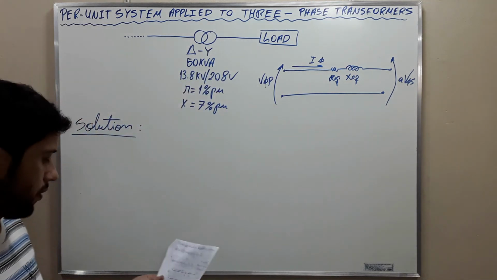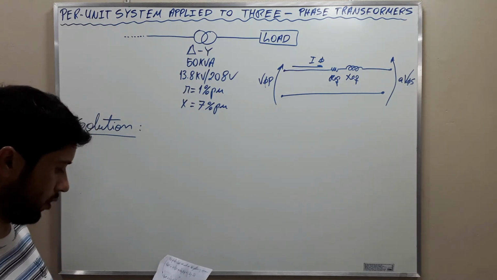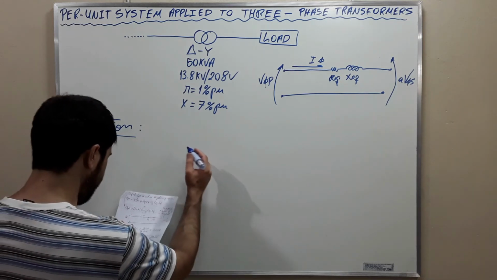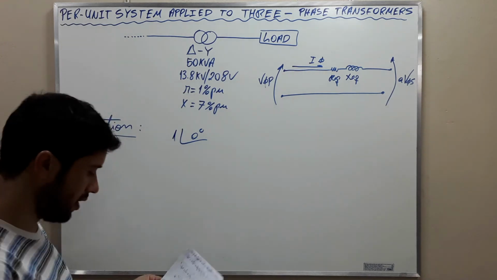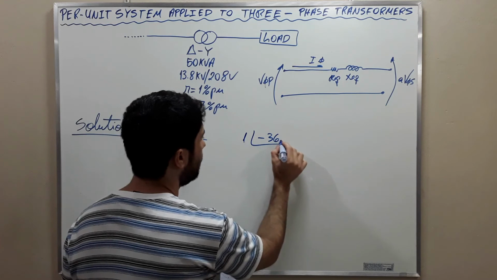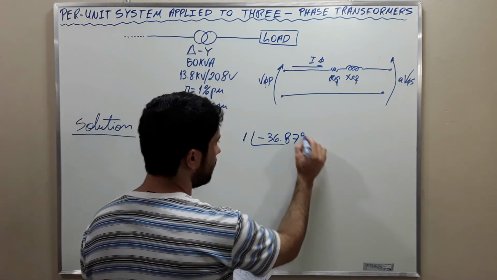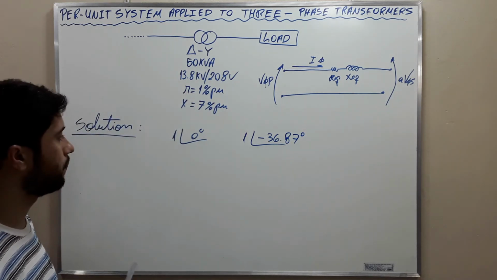In letter C, using the per unit system, the output voltage is 1 phase 0 degrees, and the output current is 1 phase negative 36.87 degrees, respectively.